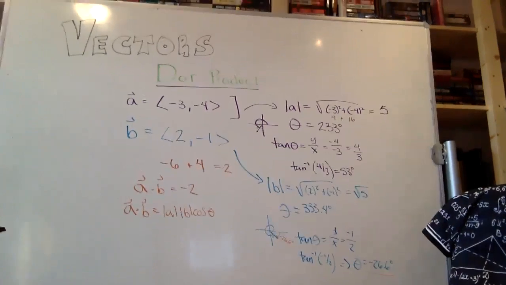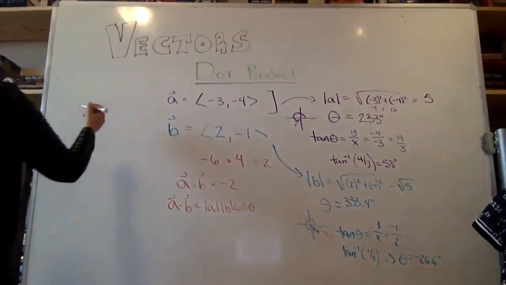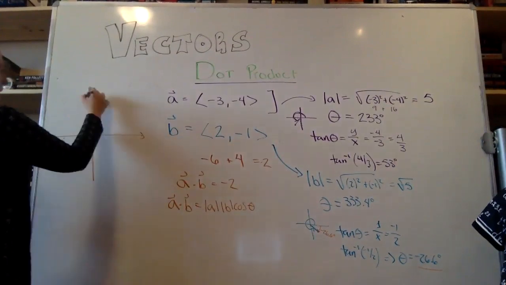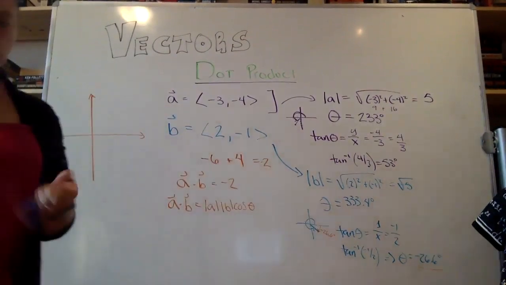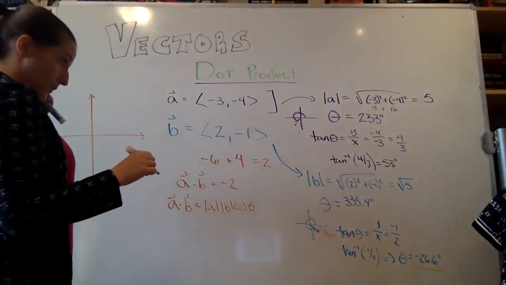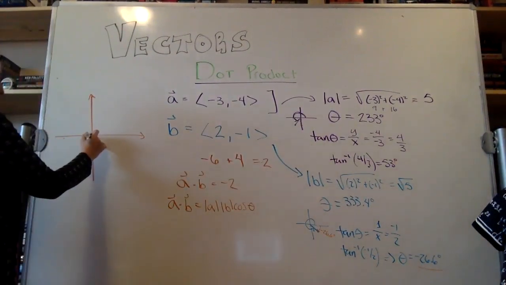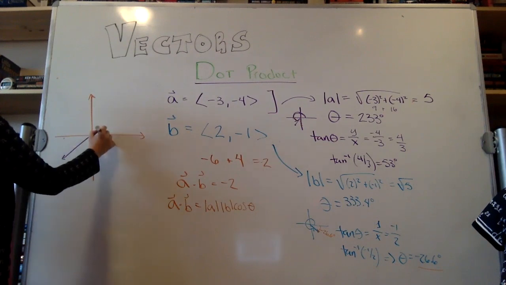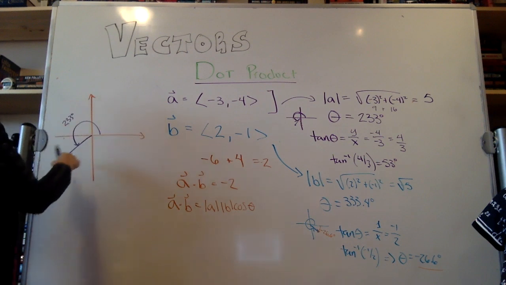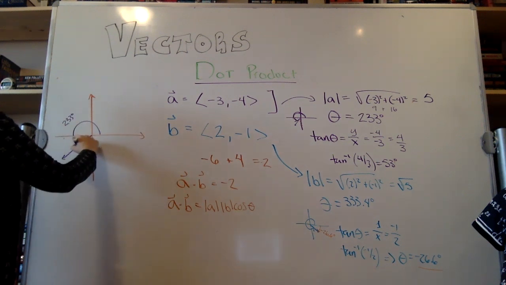So let's go ahead and sketch out the picture that we're in right now. All right, so I'm going to sketch in A. I'm going to go 233 degrees, so that puts me somewhere over here. So here is 233 degrees. The magnitude of this guy is 5.